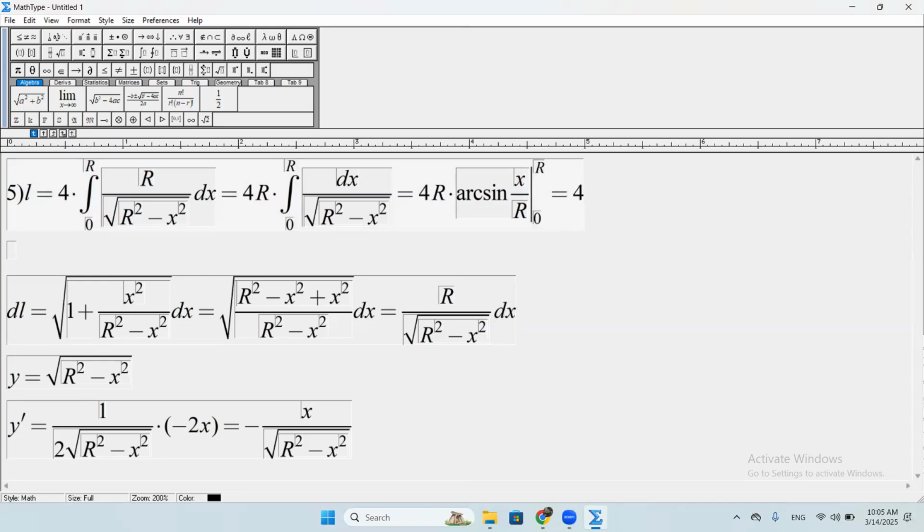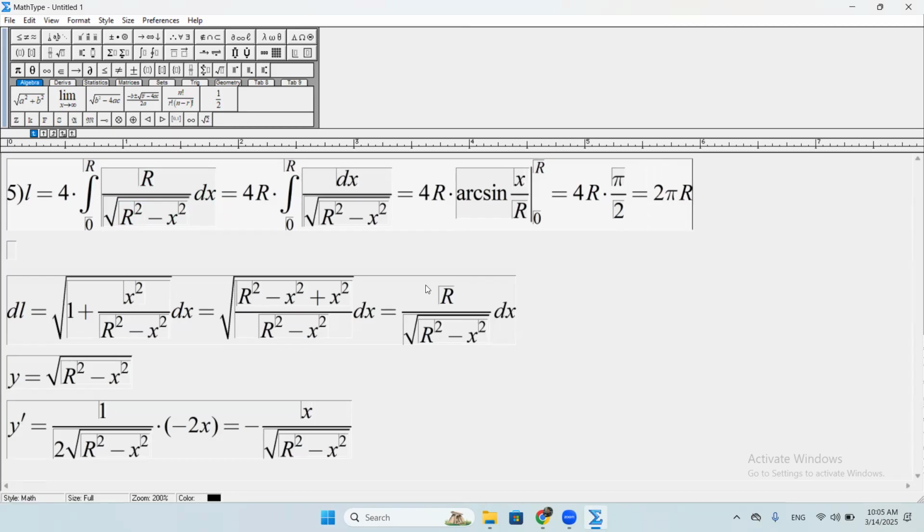Arc sine of 1 is pi over 2. Arc sine of 0 is 0. So surprisingly, the length of the circle is 2 pi r. Interesting, yeah. So that's the formula that you know from school.